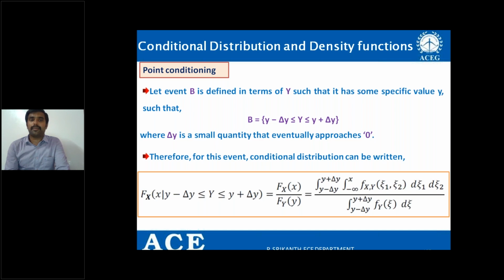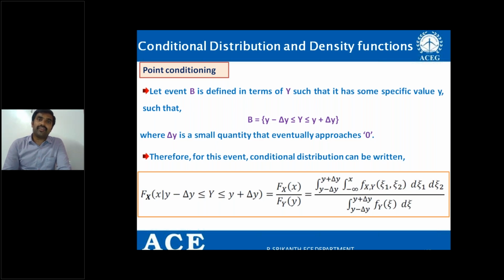Capital Fx of x by capital Fx of y, or simply you can write it like this: integral from y minus delta y to y plus delta y, integral from minus infinity to x, fxy of the temporary variables eta, that is eta1, eta2, d eta1 d eta2, divided by the integral from y minus delta y to y plus delta y of fy of eta d eta.